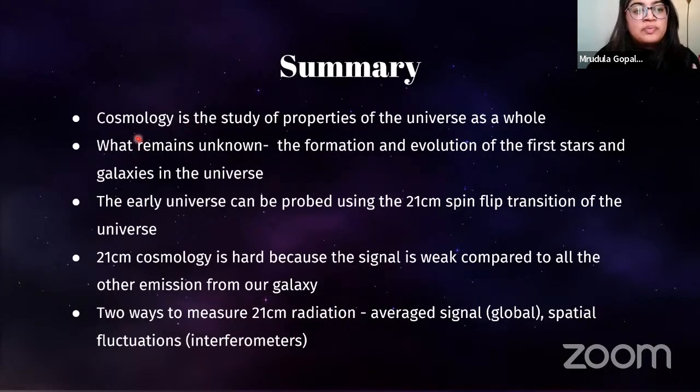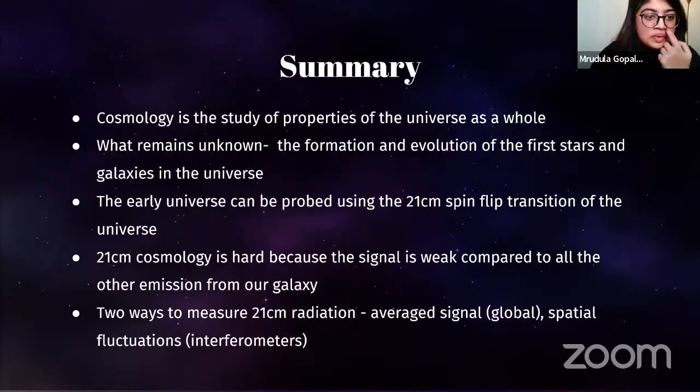One is that cosmology is the study of properties of the universe as a whole, and we don't know a lot about the first stars and galaxies in the universe, and we can probe that using the 21 centimeter spin flip line. It's really hard to do because the signal is so weak, and we have everything else that's between us and the signal. And again, there are two ways to measure this. One is the global, and the second one is using interferometers, like I mentioned.